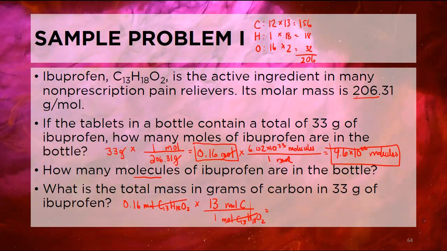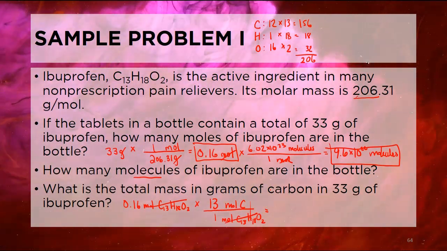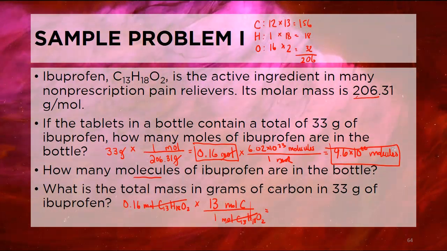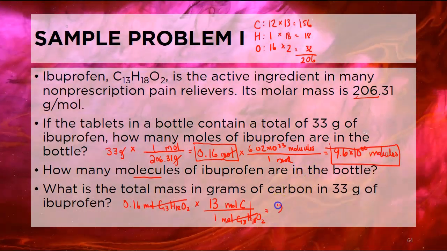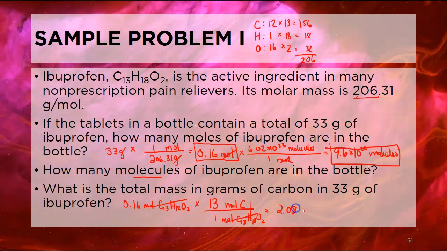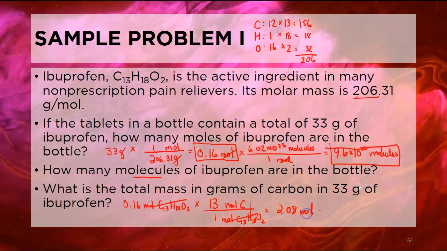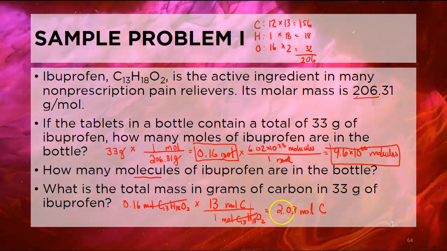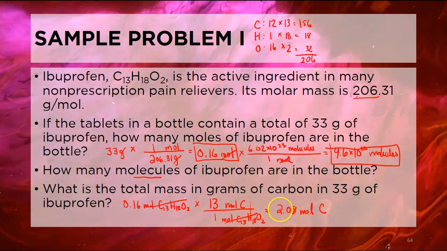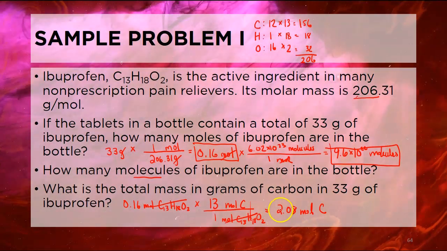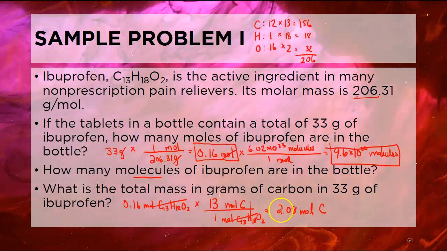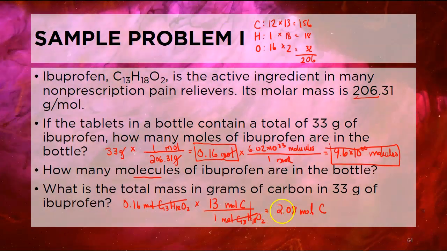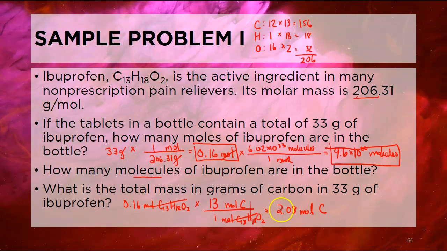I'm going to have 0.16 times 13 is only 2.08. So I have a fraction of that 13 moles of carbon. Makes sense. If I have 0.16 moles of the whole thing, I only have 2.08 moles of carbon. Or I have 2.08 full moles of carbon. Just like if I have 1 mole of ibuprofen, I've got 13 moles of carbon.